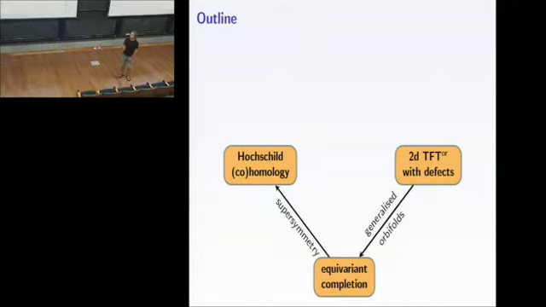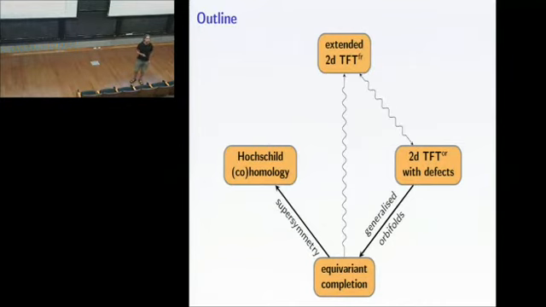This will lead us in this talk to some natural, interesting algebraic structures like Hochschild homology, cohomology. But there will be a question which I will hope to answer towards the end, or at least sketch an answer of, from the perspective of fully extended two-dimensional topological field theories.